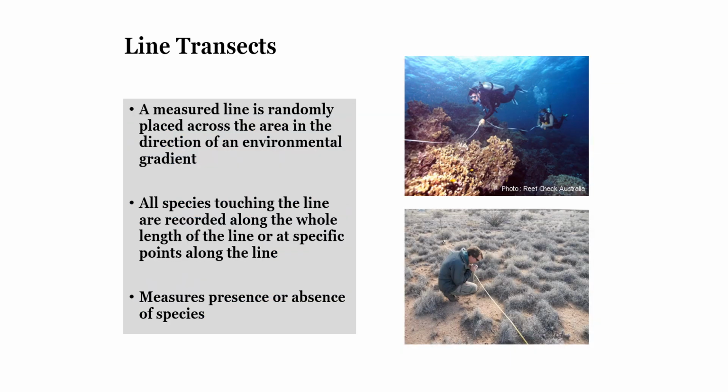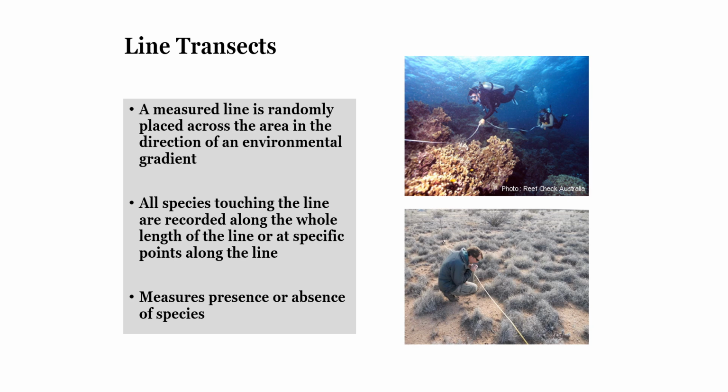So let's just see line transects. Here you can see a deep sea diver has put a line and it is randomly placed across the area. What they are going to do is record all the species which are touching this line.